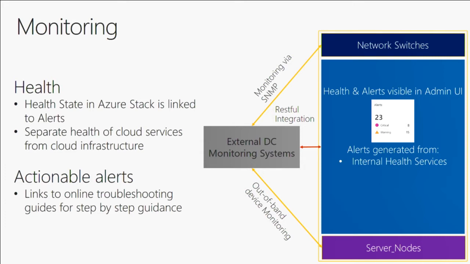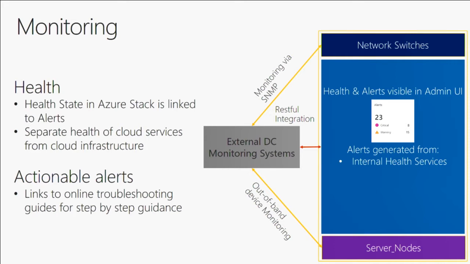First of all, the network switches that are in the integrated system need to be monitored by an external system. We do not have inbuilt monitoring for that. So you would stand up an external monitoring system, whether using something like System Center or Nagios, and via SNMP, you can monitor those systems. The hardware itself: the hardware vendors provide a hardware lifecycle host in the system, which is predominantly used, using their tools, to monitor the hardware devices that exist within the system.